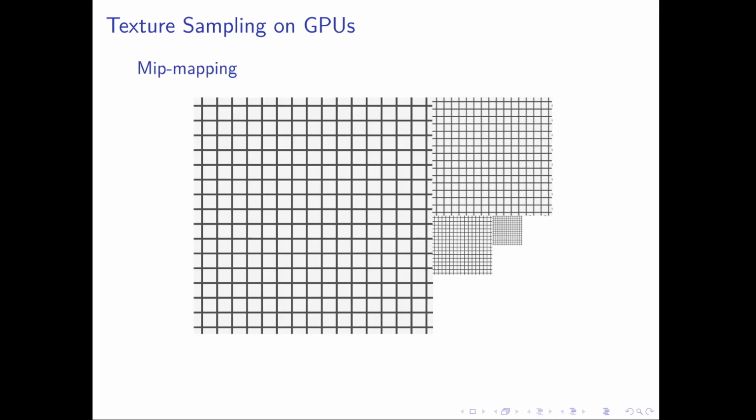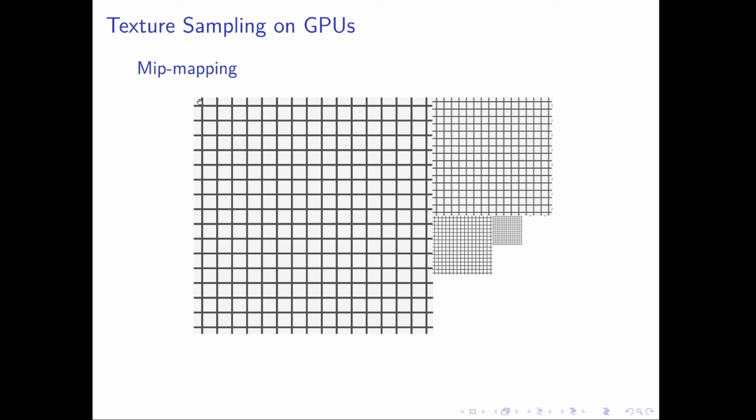There's a built-in mechanism that GPUs support in order to mitigate texture aliasing quite a bit, and this approach is called MIP mapping. The idea is basically to store the texture image not only at a single resolution, like this full-resolution texture image, but to also store downsampled versions of it. By downsampling the texture image, I'm basically removing variability and reducing the frequencies.